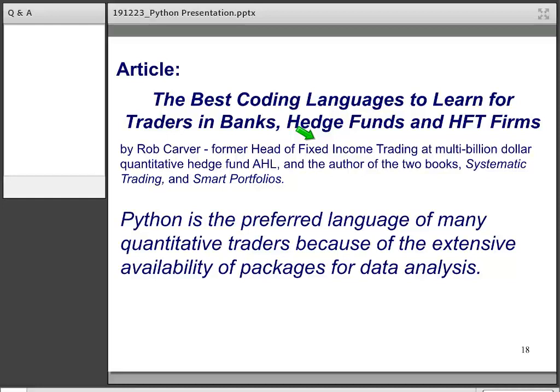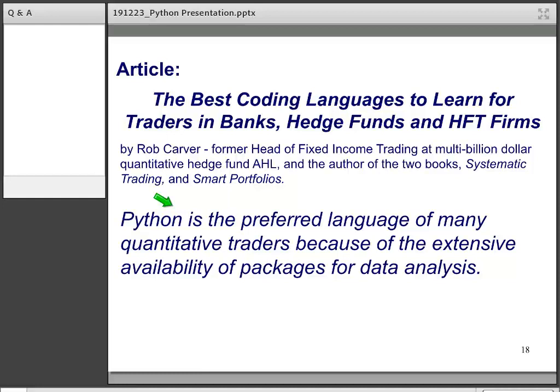He's also the author of 2 very good books, Systematic Trading and Smart Portfolios. And Carver published an article that basically said that Python is the preferred language of many quantitative traders because of the extensive availability of packages for data analysis.